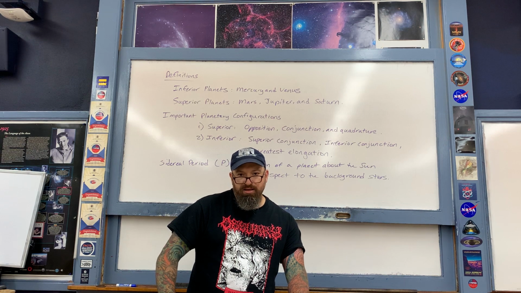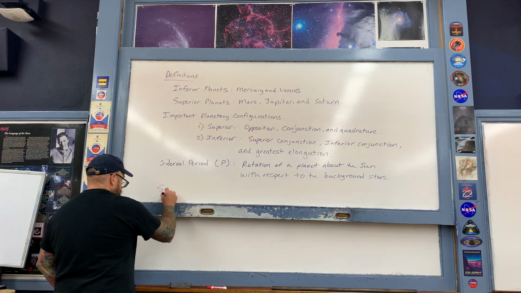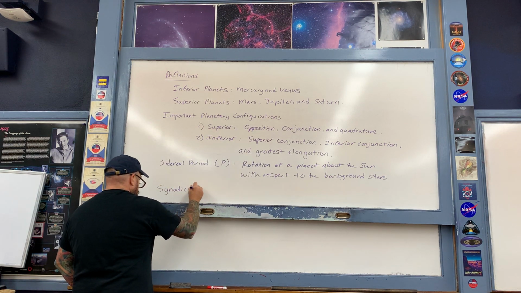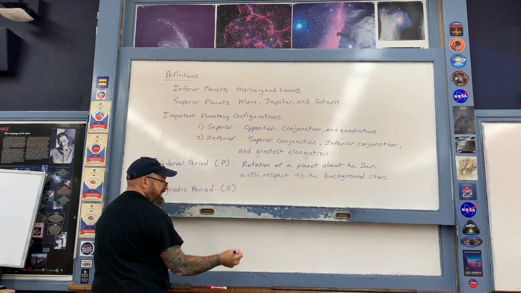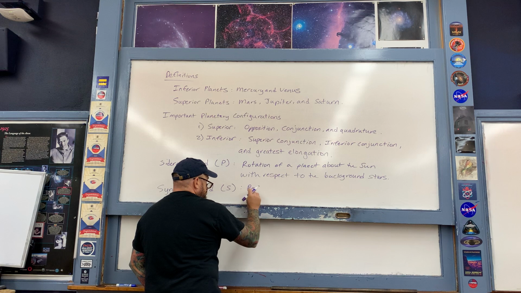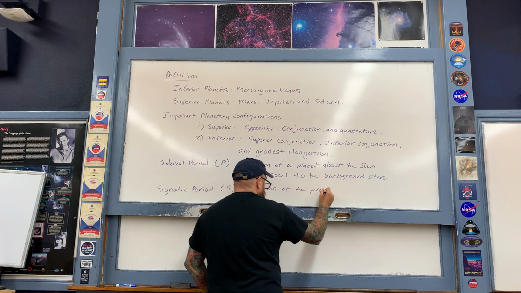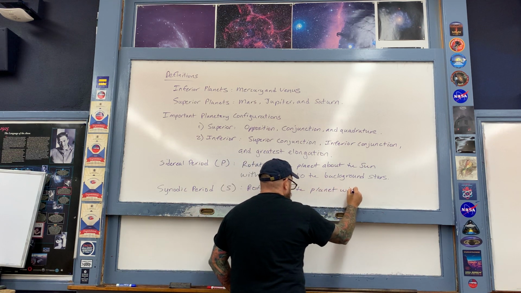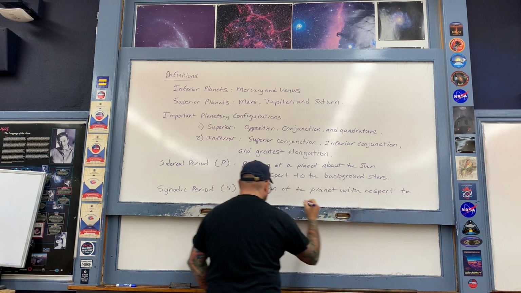A planet's synodic period is a rotation of the planet with respect to the sun. The synodic period is referred to as S, and it's a rotation of the planet with respect to the sun.